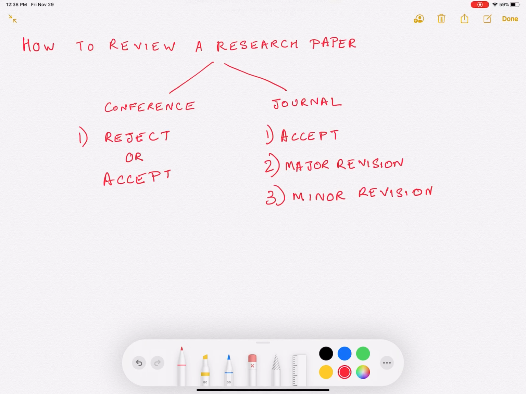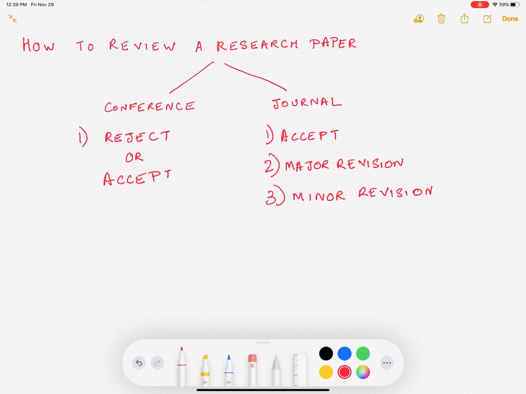So, for example, first a paper that is submitted is reviewed, and maybe the reviewers give some set of comments which need to be addressed. So it gets a major revision. After those comments have been addressed, maybe the reviewers once again take a look at the submitted manuscript and then decide that there are only some minor corrections to be made, which would then be a minor revision. Finally, the paper gets accepted. And so a journal is a more rigorous process in the sense that it takes longer to get a paper accepted. Now, in a conference paper, your decision would either be a reject or an accept.